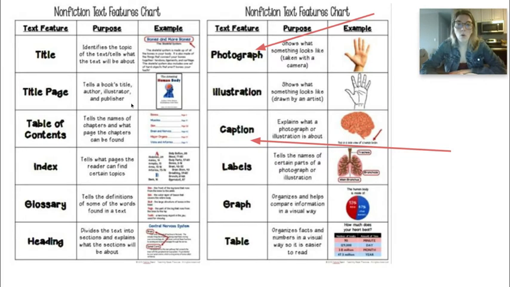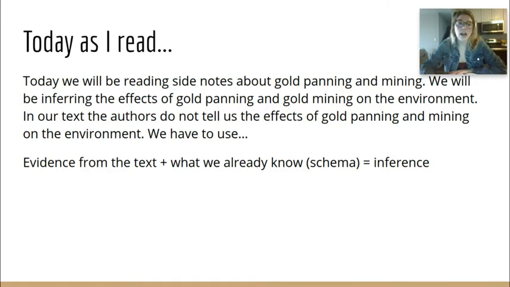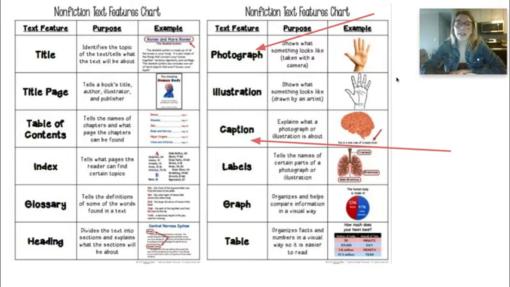But there's a whole bunch of nonfiction text features that we need to be using to help us better make sense of the text. Going back to that, a photograph, right? That's a picture, an actual real life photograph that helps you understand what's going on in the text. And a caption is a little sentence or a blurb underneath a photo or illustration that tells more about what's going on in that picture.